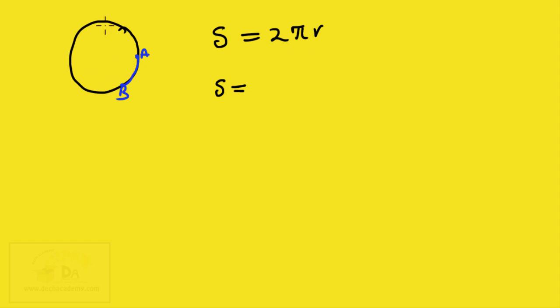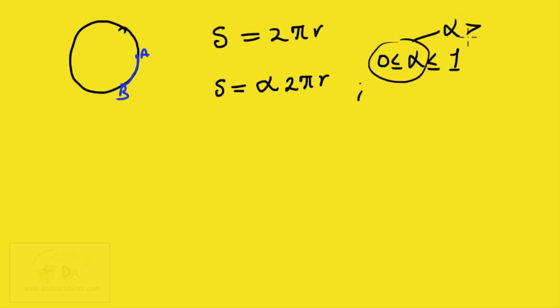It's going to be less than the perimeter of the circle. So I'm going to write 2 pi r, but multiply by a factor, alpha. And this alpha varies from 0 to 1. So alpha is less than or equal to 1, and alpha is greater than or equal to 0. If you've done inequalities, you know how I go here. But don't worry too much about notation if you haven't. What I'm trying to tell you is alpha varies between 0 and 1.